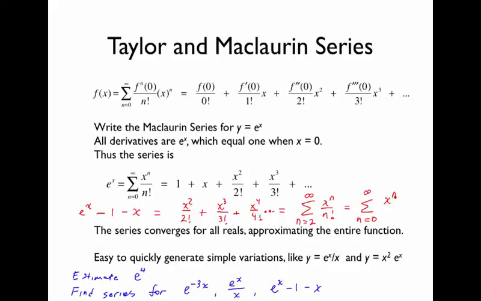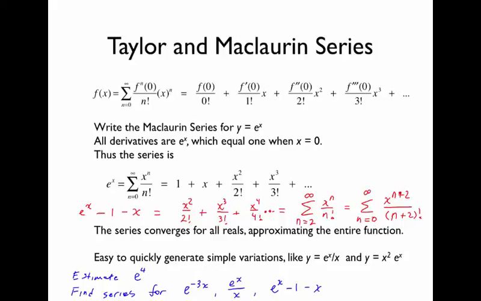And then check it. Make sure it's right. Conventionally, starting at n equals 0 is the convention, or 1, but now that we're at this point, most series will start with 0. So now check it. When you plug in 0, what do you get?